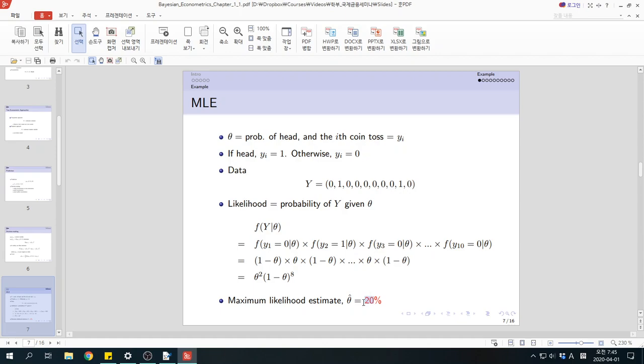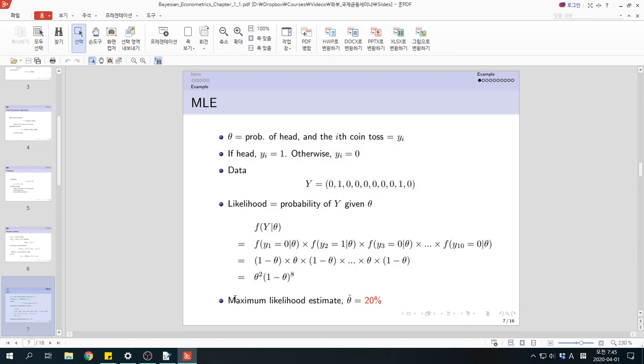So 0.2 maximizes the likelihood that 8 outcomes are zeros and 2 outcomes are ones.